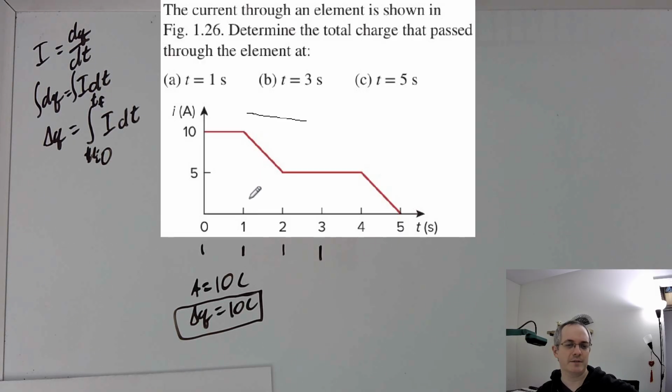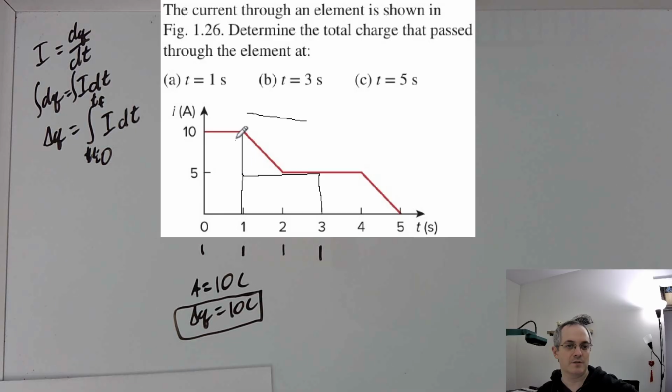Right, so we need to find out the area from 0 to 3. And the easiest way to do that is just geometrically. So we want to divide this up into shapes, and we'll recognize that between 3 and 1, we basically have this rectangle and this triangle.